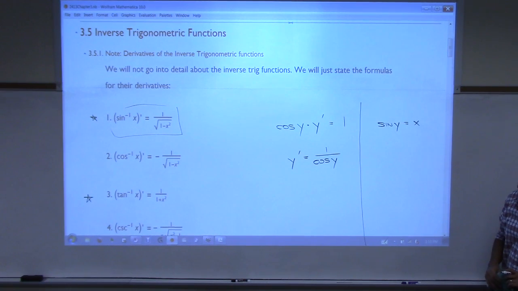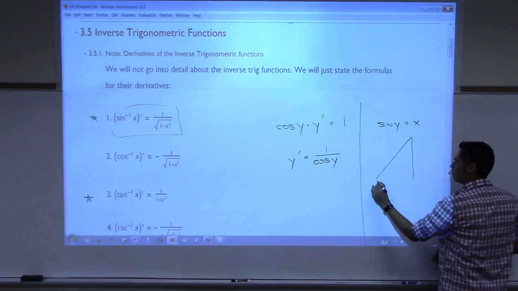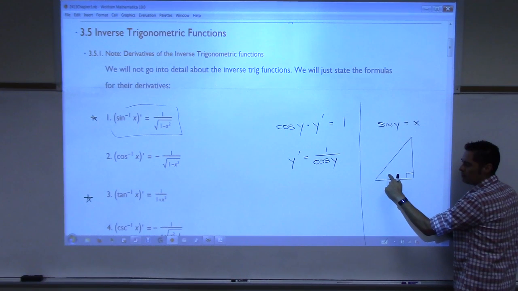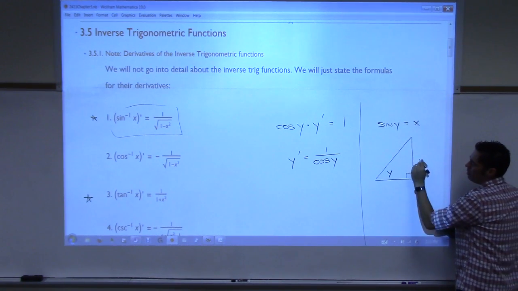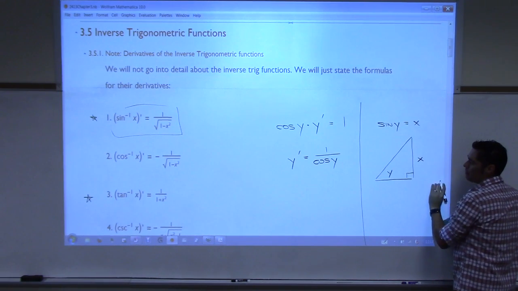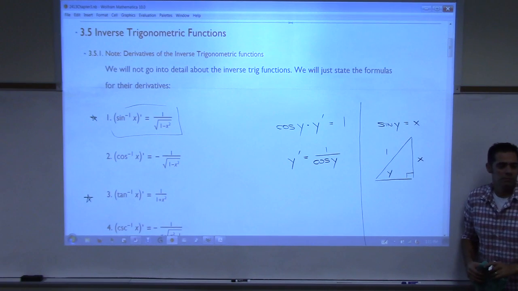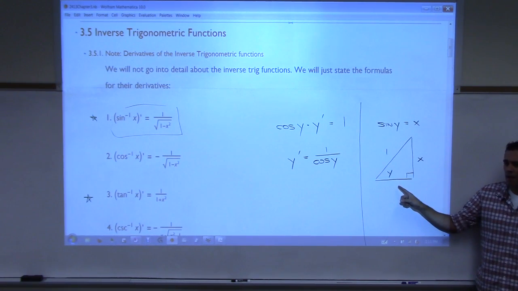All right. I'm going to draw something, and you tell me if you agree with this or not. I'm going to draw a right triangle. I'm going to call this angle right here y. And then I'm going to put over here x, and I'm going to put over here 1. All right? What is sine of y on this triangle?